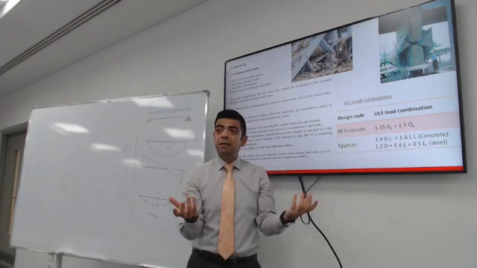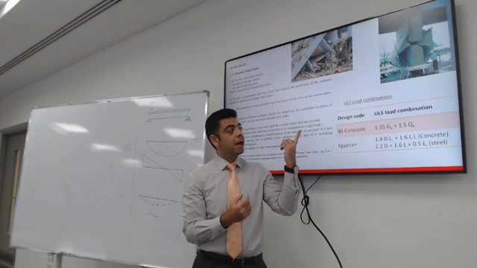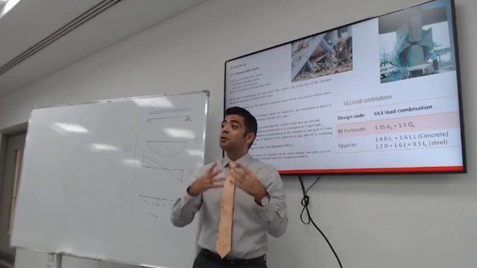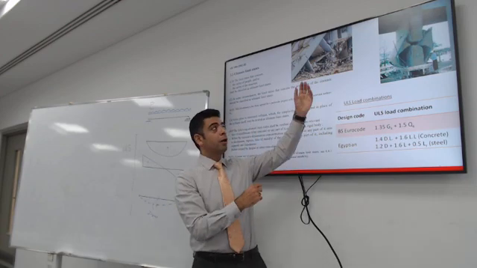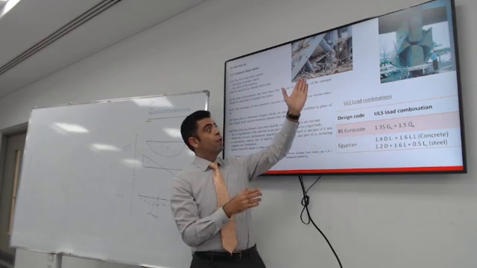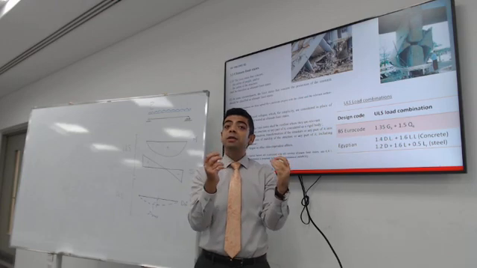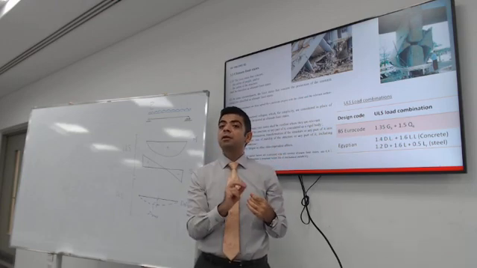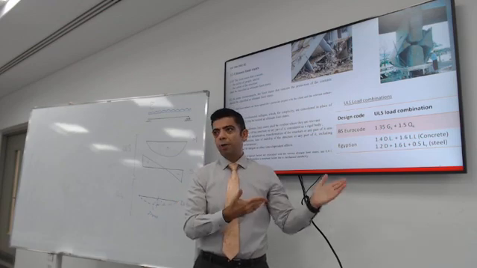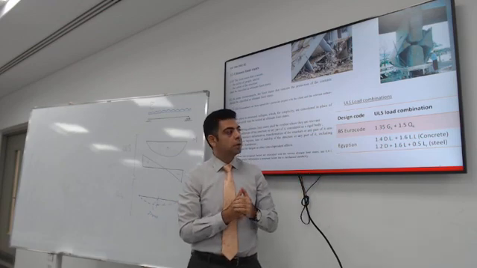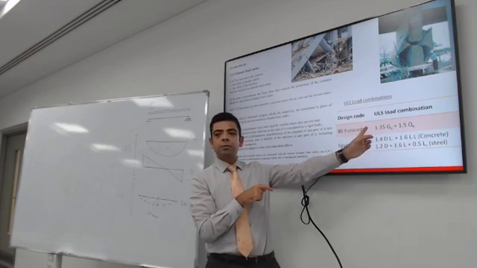You exaggerate, you increase by a load factor, and in the next slide, I will tell you exactly why you increase the load beyond the actual value. So for ultimate limit state, it's very important to avoid the collapse of the structure, you increase the load. And you actually decrease the strength of the material by a factor. That depends on very specific rules, and it's all referenced in the code. You need to follow the code. So just notice this in reference to the next slide. This is ultimate limit state.